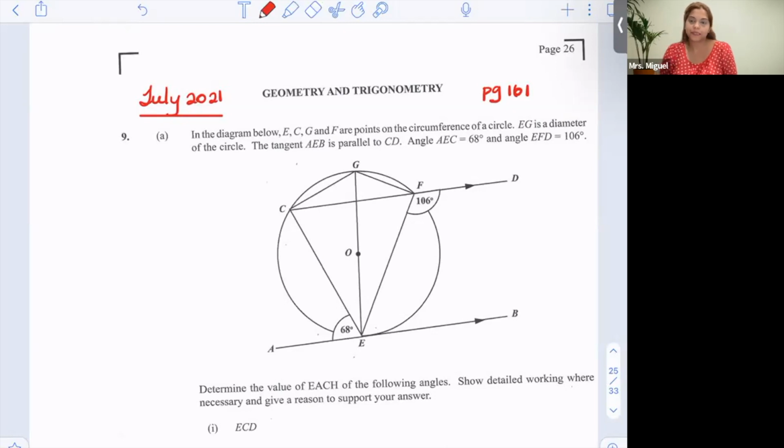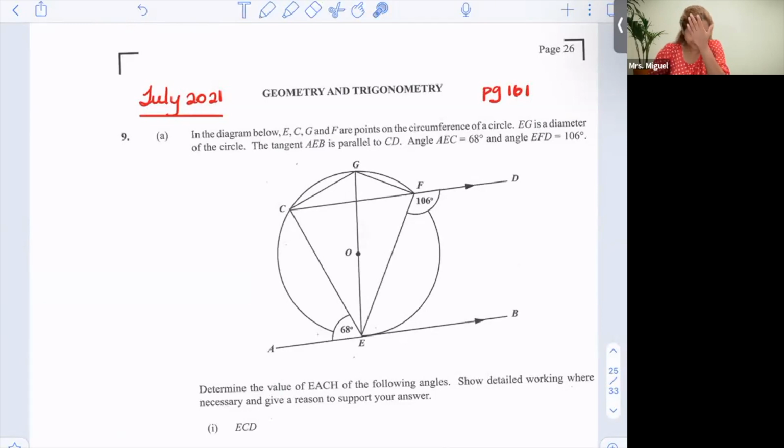So let us read the first part of the question. It gives us some information to use, so we need to read that. In the diagram below, E, C, G, F are points on the circumference of the circle.